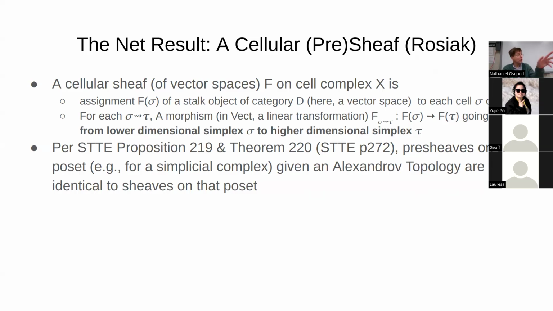Yes, there are two questions. My understanding is that the morphism from F tau to F sigma, the linear transformation, is a restriction map, not an extension map. Well, okay, let me think if that is it. You could call it a restriction map.